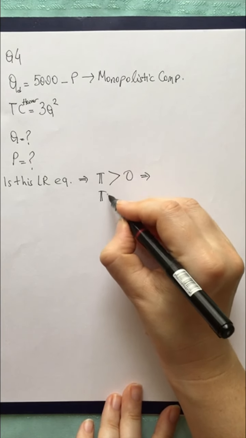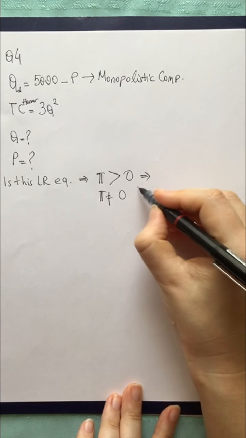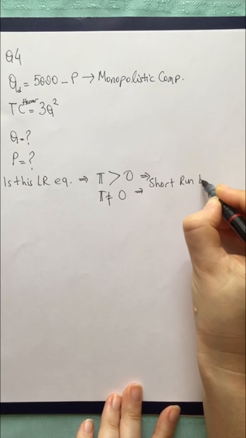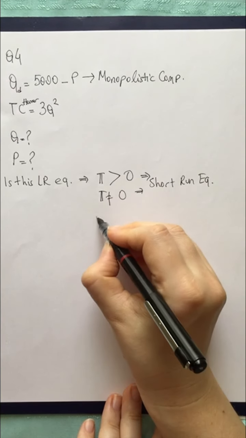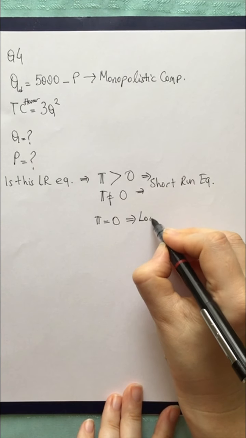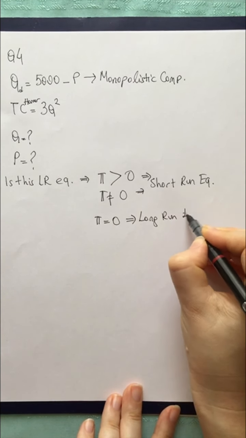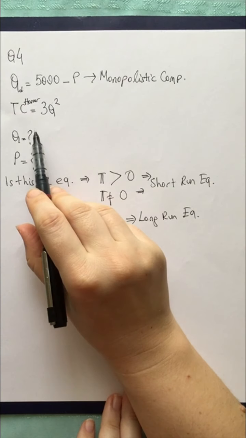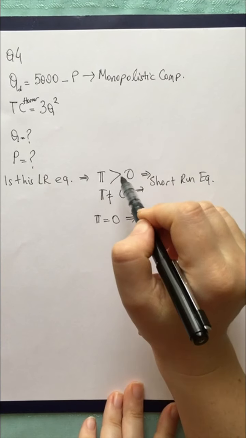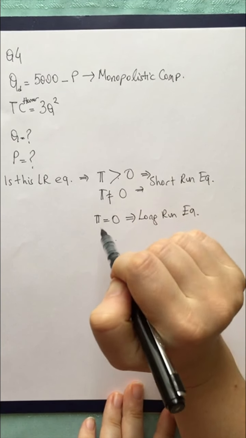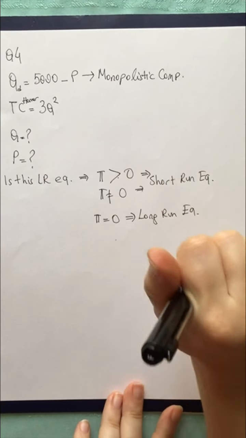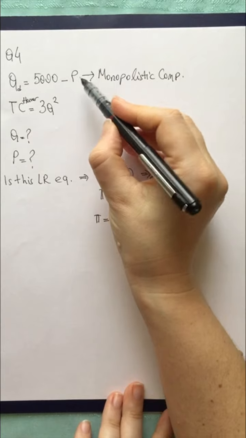If it is different than 0, then we can say that this is a short-run equilibrium. But if we find the profit equal to 0, we can say that this is a long-run equilibrium. So we will find the profit maximizing level of output, price, then profit, and look at whether it is equal to 0 or not to decide if it is short-run or long-run equilibrium.